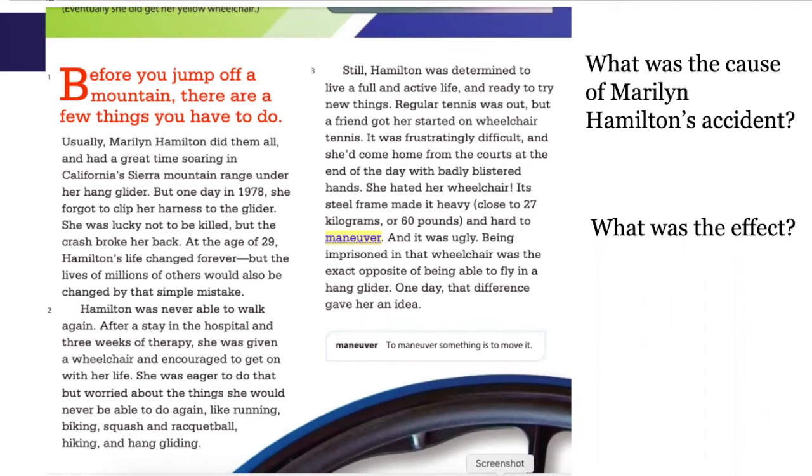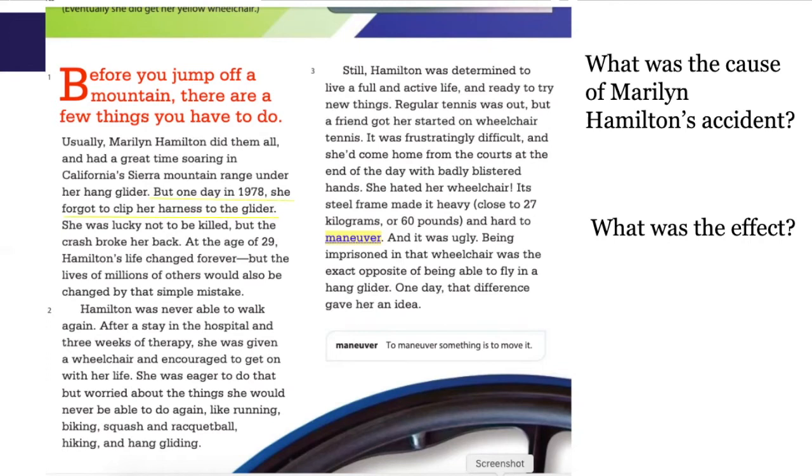So from what I just read, Marilyn Hamilton had an accident while hang gliding because she forgot to clip her harness to the glider. That was the cause of her accident. So I'm going to underline that detail from my paragraph. What was the effect?